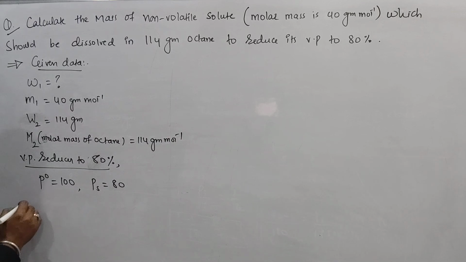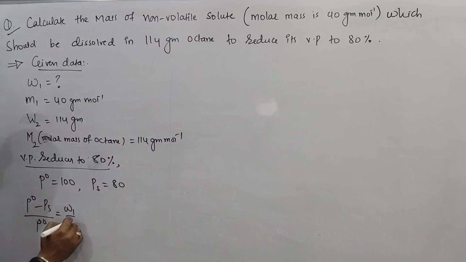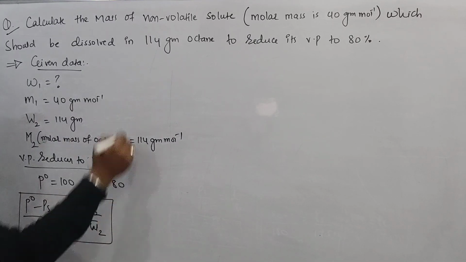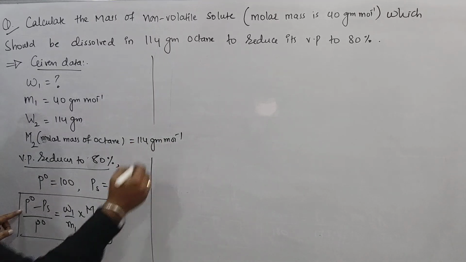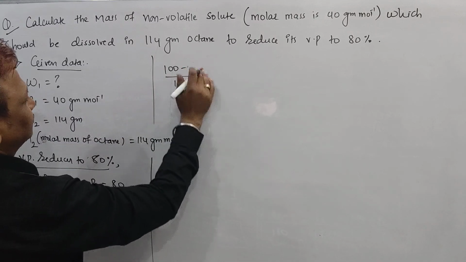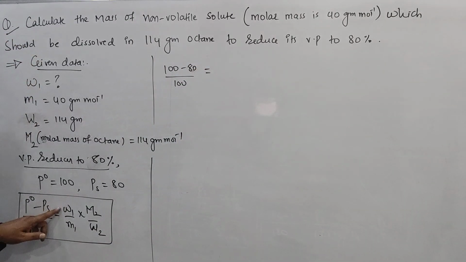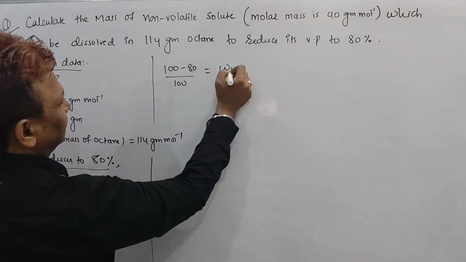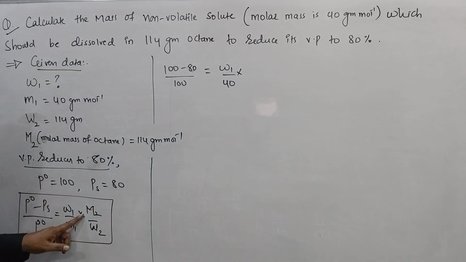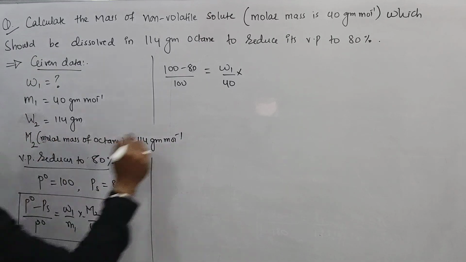Can we apply our formula? P naught minus PS by P naught equals W1 by small m1 into capital M2 by W2. Substitute the values here. P naught is 100 minus 80 by 100 equals W1 by M1 40 into M2 114 by W2 114.